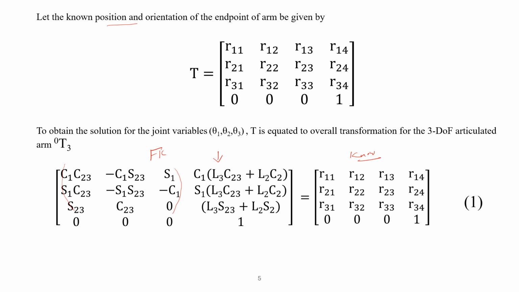So first we will equate the corresponding components of the positional vectors. Let us use R14 and R24. You get R14 is equal to C1 (L3 C23 plus L2 C2), and R24 is equal to S1 (L3 C23 plus L2 C2). When you divide, you can easily cancel out this term, and then it will be very easy to determine theta 1.